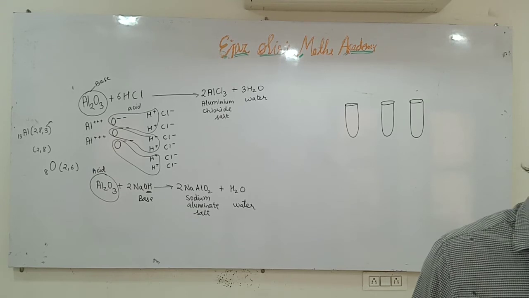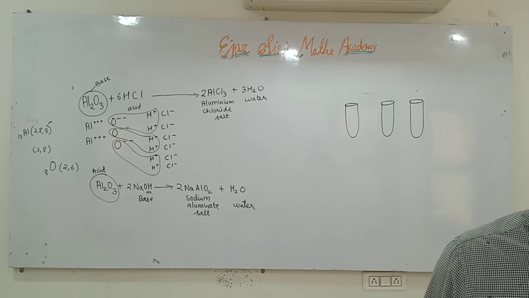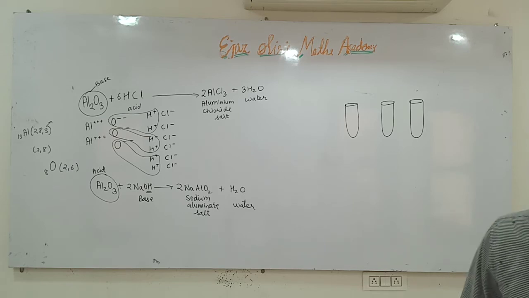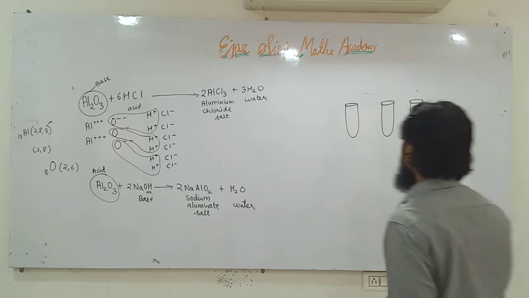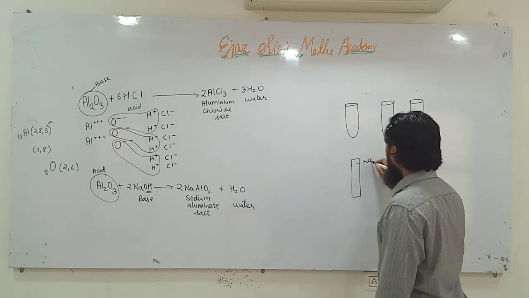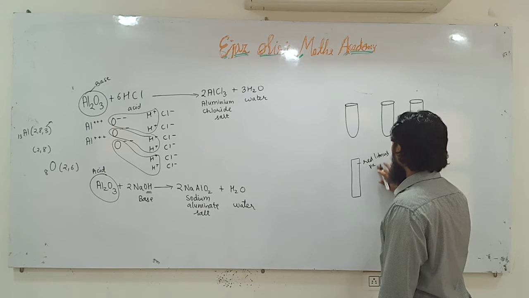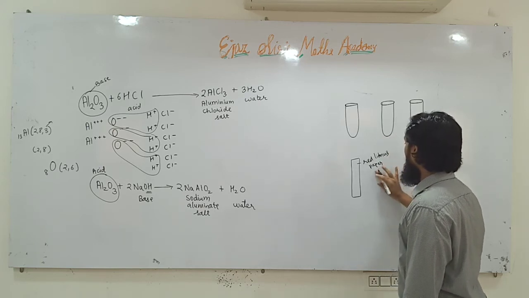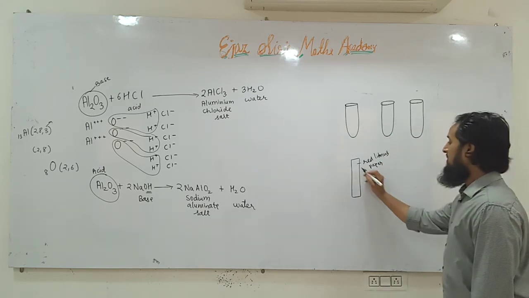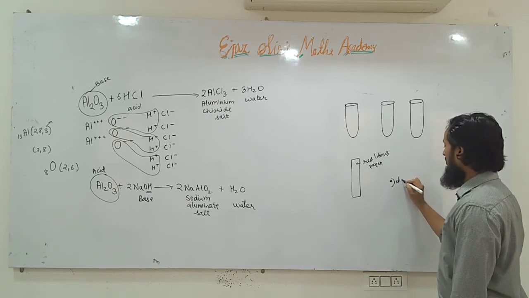One of them contains distilled water, the other 2 contain an acidic solution and a basic solution. If you are given only red litmus paper, we have to find out which is which.